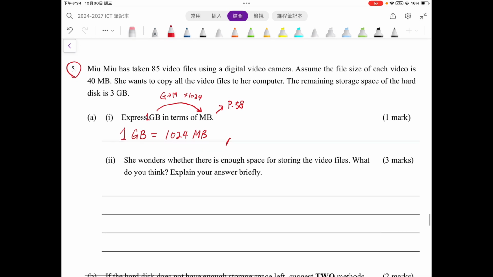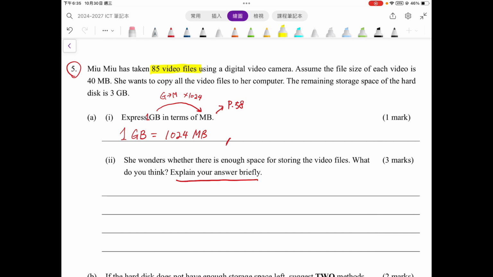So for question 2, she wonders whether there's enough space for storing the video files. What do you think? Explain your answer briefly. So here you need to show your calculation to explain your answer briefly. In this case, we are given the situation of 85 video files, right?